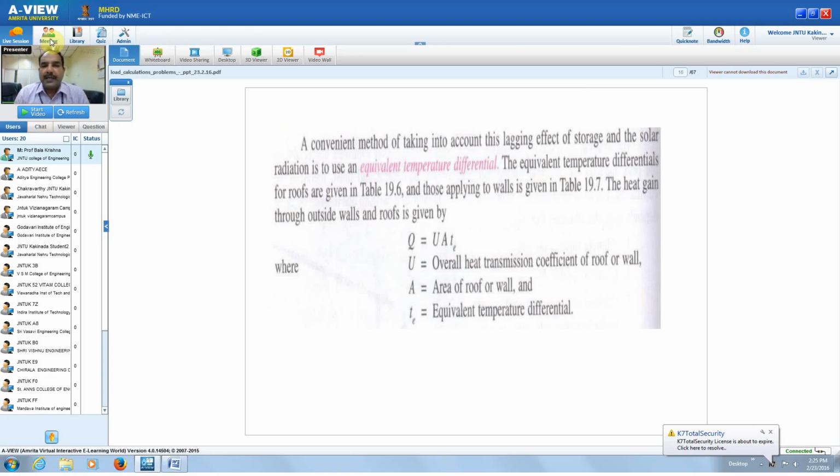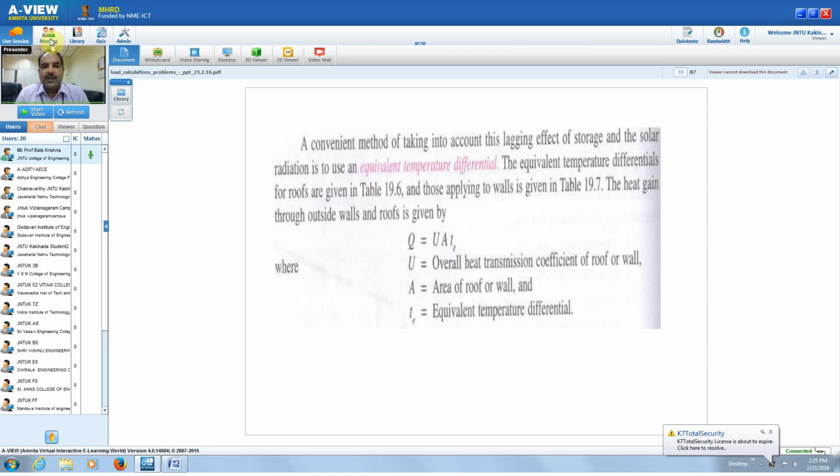A convenient method of taking into account this lagging effect of storage in the solar radiation is to use an equivalent temperature differential. The equivalent temperature differential for roofs is given in Table 19.6, and those applying to walls is given in Table 19.7.